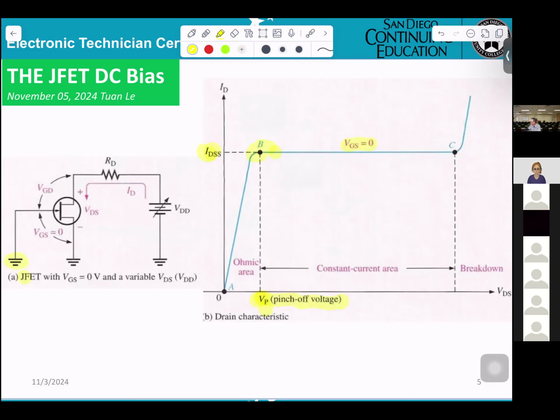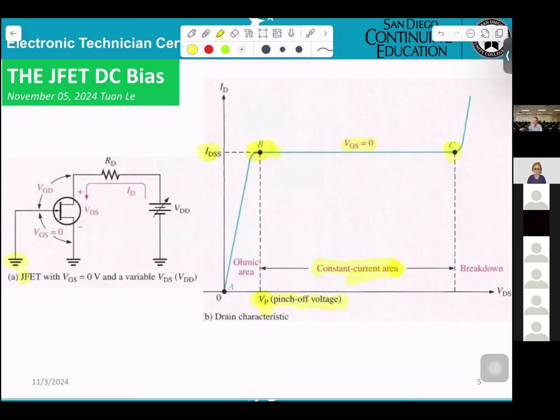So from VP, from this B here to C here, the JFET gets a constant current.